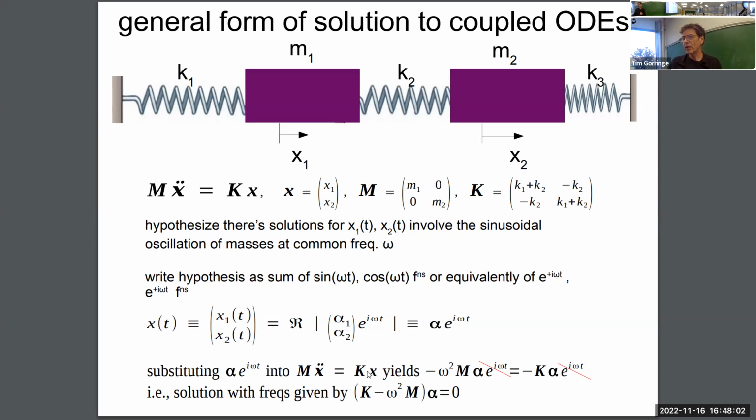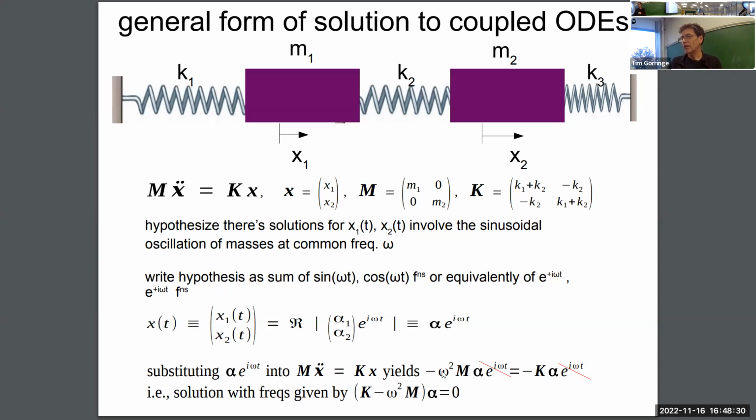When I differentiate the column vector x twice with respect to time, I'm just going to get a factor of minus omega squared out of that differentiation. And so plugging in this hypothesis, I get this little expression over here.